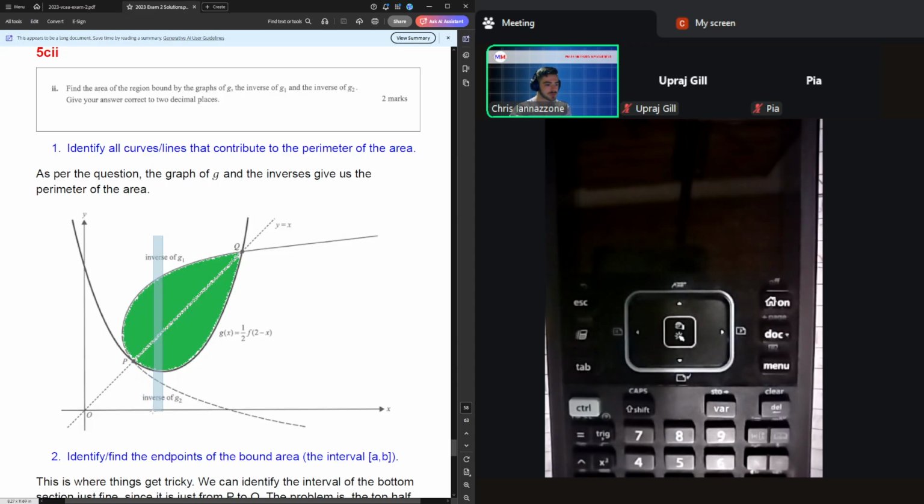But if you draw it down here, the first thing you touch is still G1 for top, but the last thing you touch that's still in the green is actually G of X, the solid black line. So when you get to this stage, G of X is your bottom.